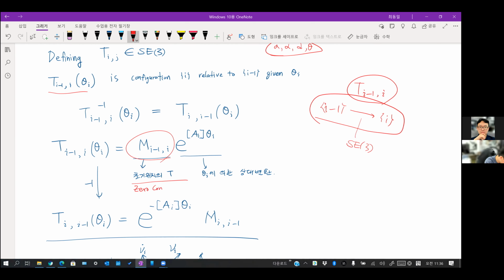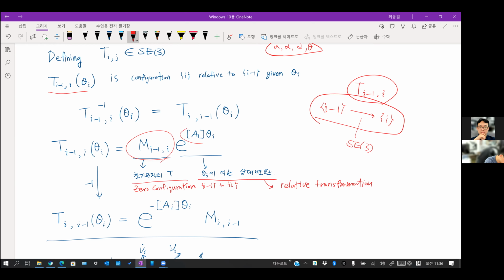Zero configuration from i minus 1 to i. And this one is the relative transformation.